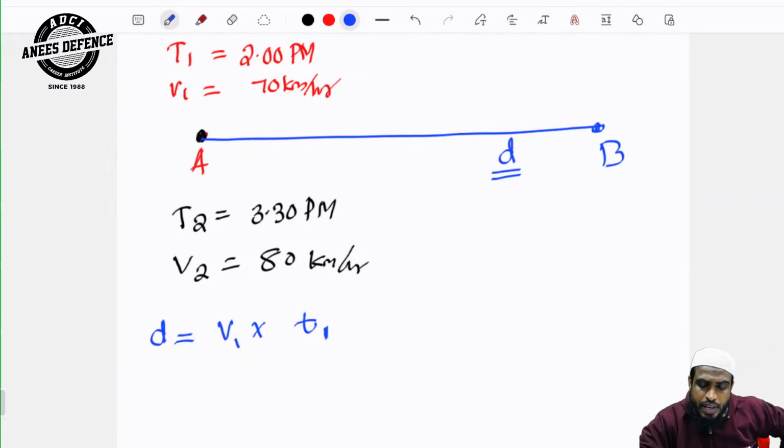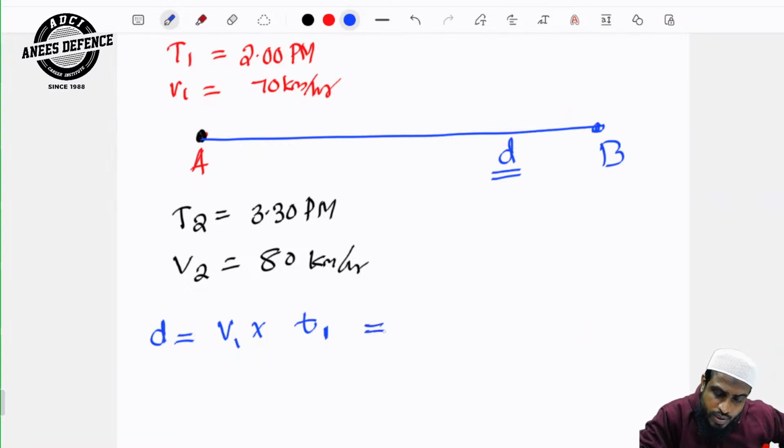If they are meeting at some point, the difference in time taken by the first train and second train can be considered as 1.5 hours, because the first train started at 2 o'clock and the second train started at 3:30 p.m. So distance is equal to v1 into t1.